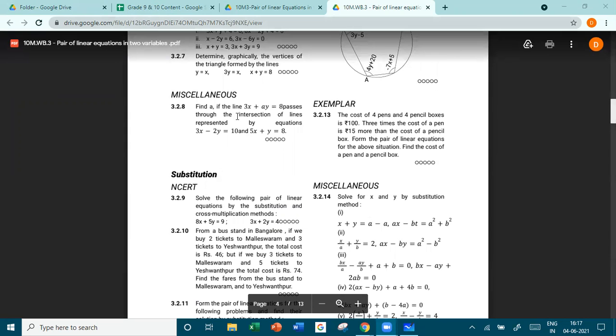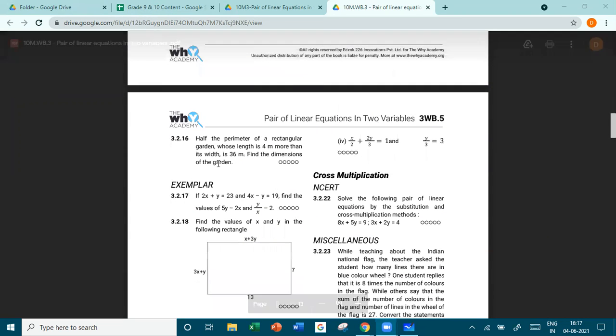of m. Then we came to the 16th one, which is where we were talking about the perimeter of a rectangle, right? So basically here all you need to know is that perimeter is equal to twice length plus breadth, right? And basically everything else is given, so you can just plug in the values here and you would get the dimensions.